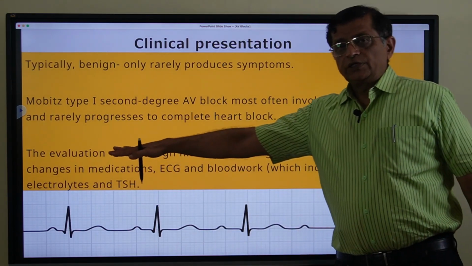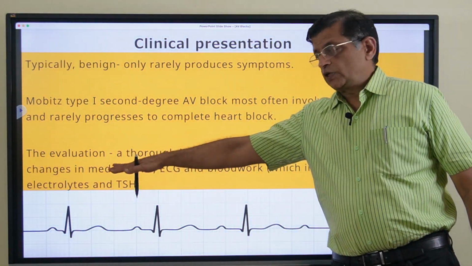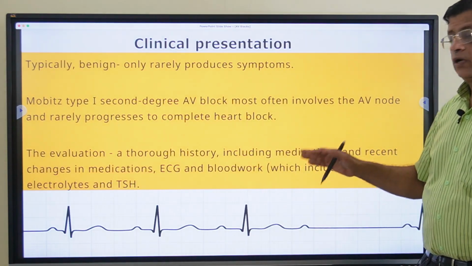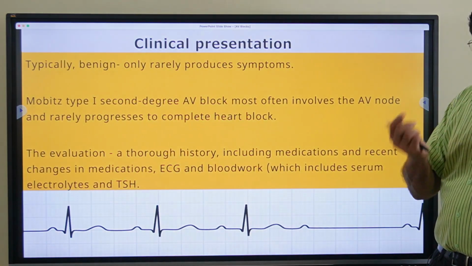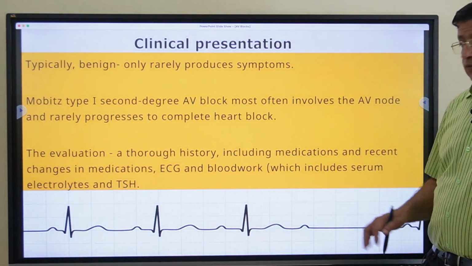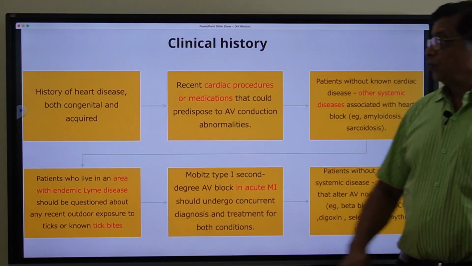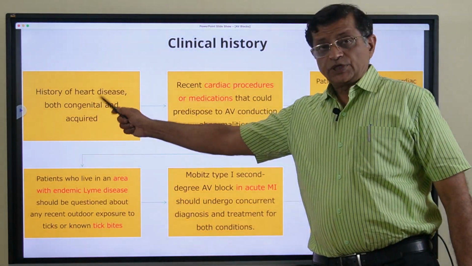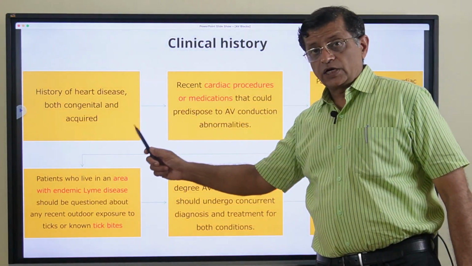As we have already discussed the causes of AV blocks, you have to undergo a thorough evaluation. Any patient presenting with Wenckebach block, you have to evaluate the history and the medications, and we'll come to it in the next slide. So find out whether the patient has a history of heart disease, either congenital or acquired.